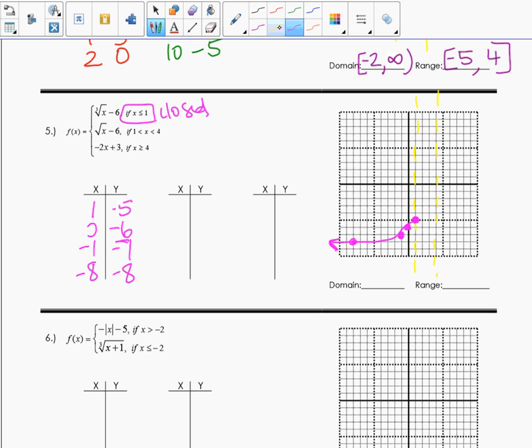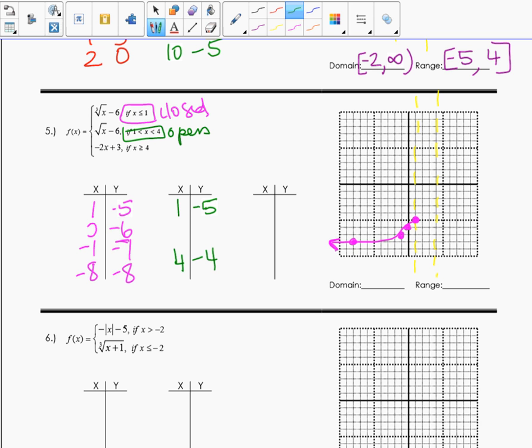Now, if we move on to our middle graph, we have 2 open circles because we're not including the 1 or the 4, but we still want to graph them. So when x is 1, we get a y value of -5. And when x is 4, we get a y value of -4.